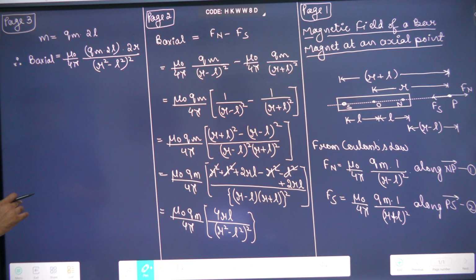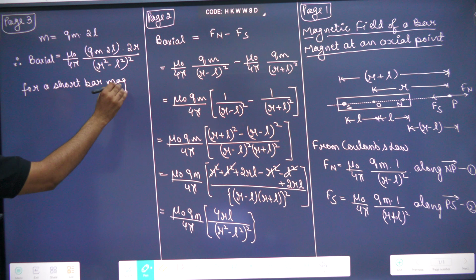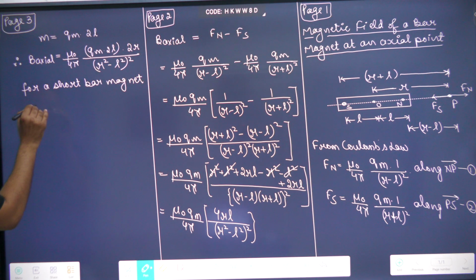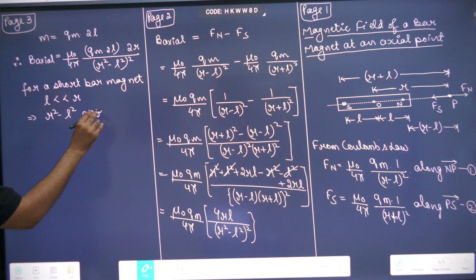Now, for a short bar magnet, L is very less than R. It implies that R square minus L square is equivalent to R square.